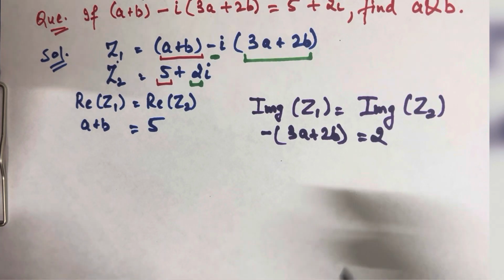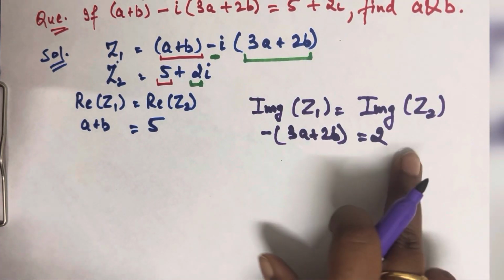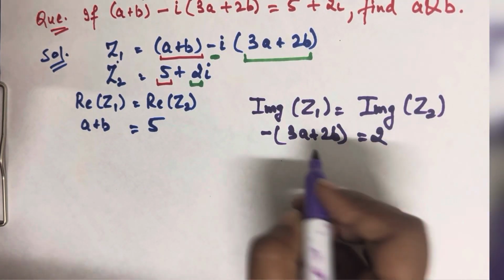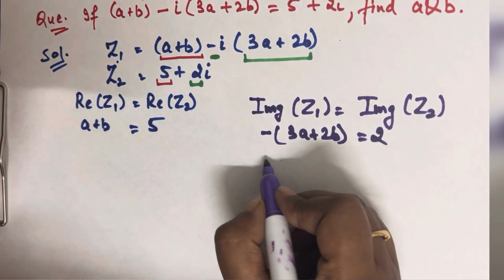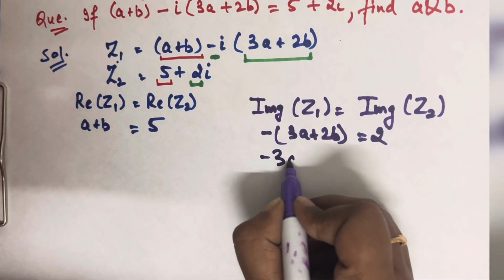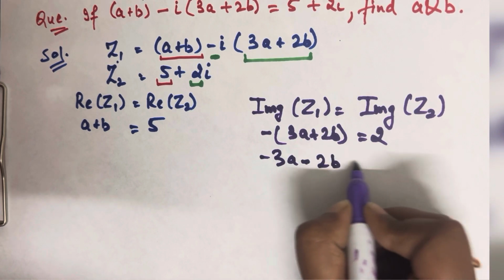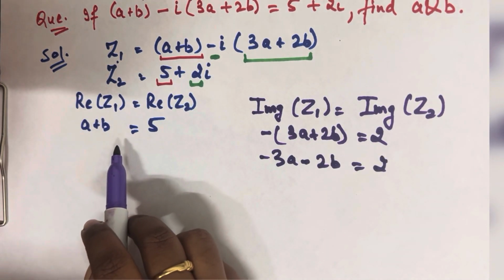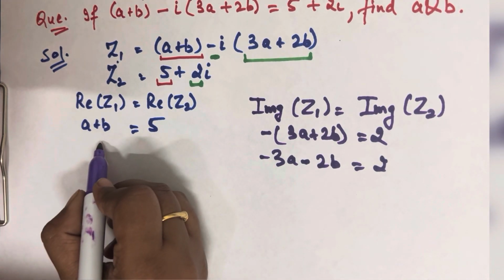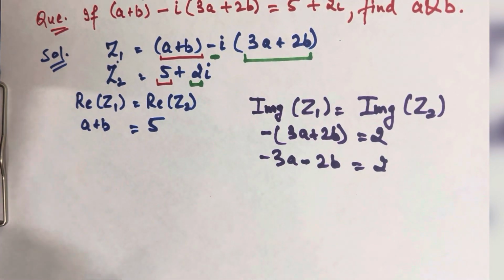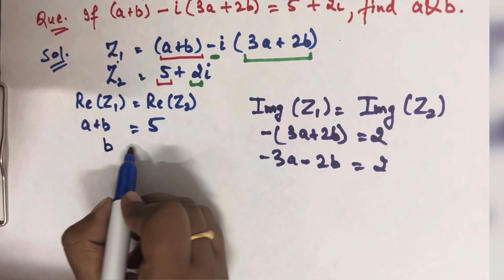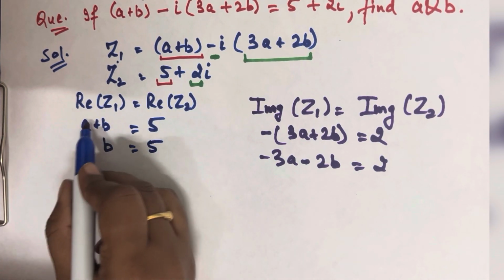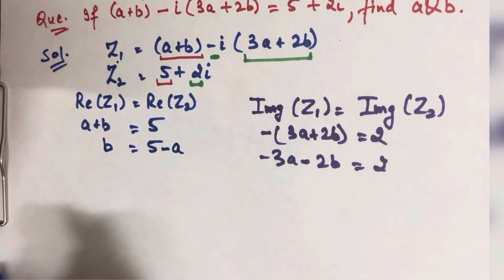Now we can solve this a bit. We will take the minus sign inside, so this will be minus 3a minus 2b equals 2. From here we can take either the value of a or b. So here I am taking the value of b. From the first equation, b will be equal to 5 minus a, since a goes to the other side and becomes minus a.